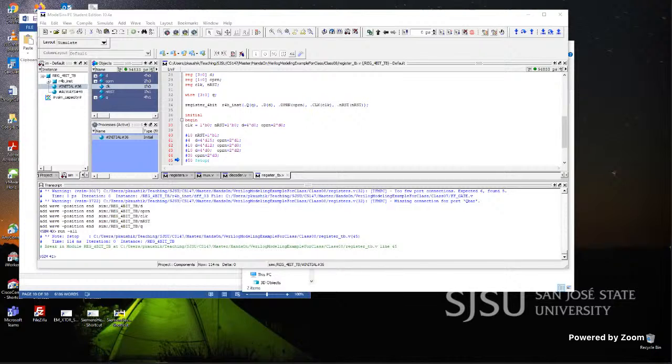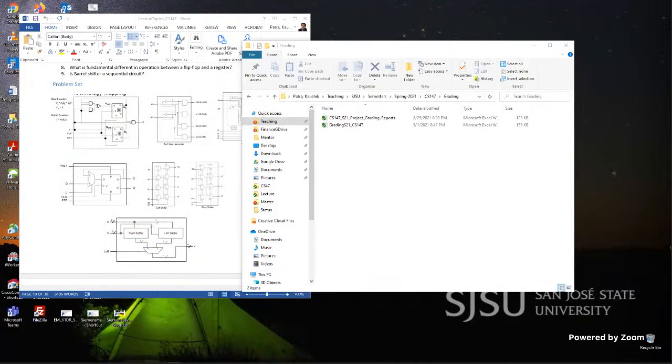Let's do a 4-bit shifter just to counter this sequential shift operation. Let's see how we can make a barrel shifter in combinational logic in the simulation.